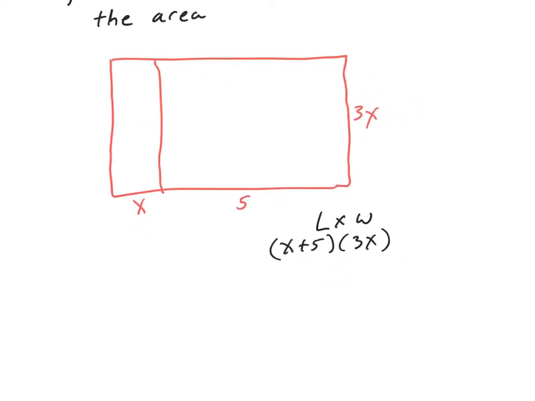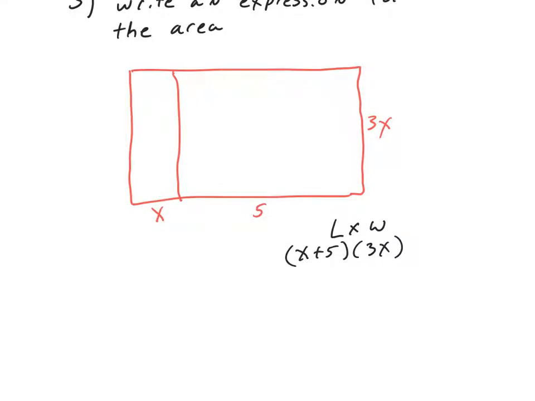If we multiply those two expressions together, we get 3x times x is 3x squared, and 3x times 5 is 15x. So we'll get 3x squared plus 15x. And there's no equal sign, so there's no solving this one. So it's done.